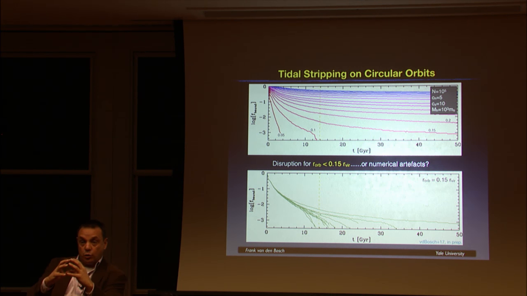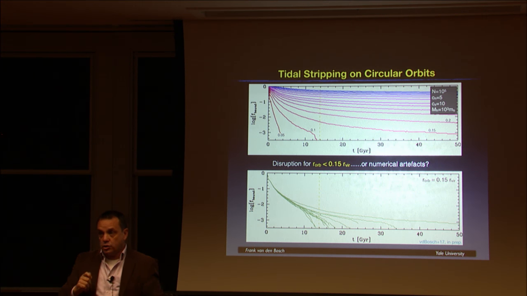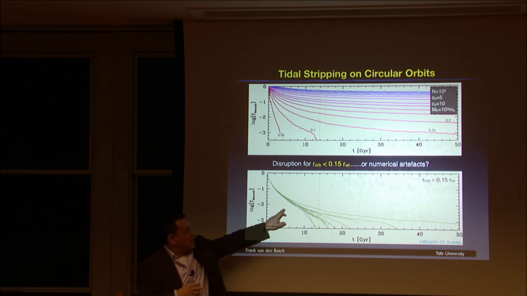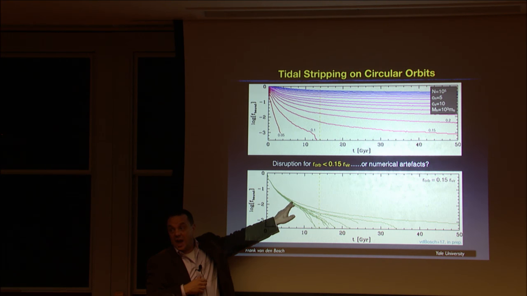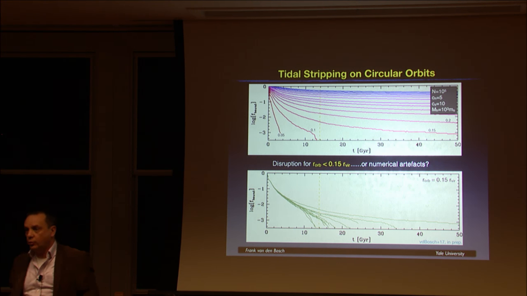So if you have a fluctuation that fluctuates high, you have a high fluctuation in the mass loss rate. So now the system revirializes a little bit more than average. It puffs up a little bit more than average. The tidal radius moves in a little bit further than average. And the next time, I lose even more mass. So what you get is discreteness noise amplification because you're in a tidal field. That's what's causing this. We have tested this in great detail. You can show it has exactly the Poisson behavior.